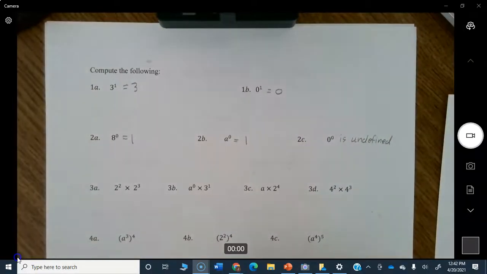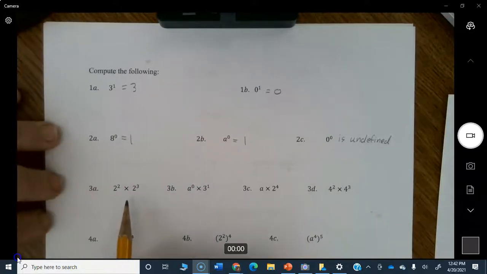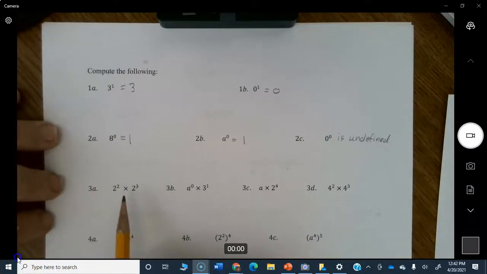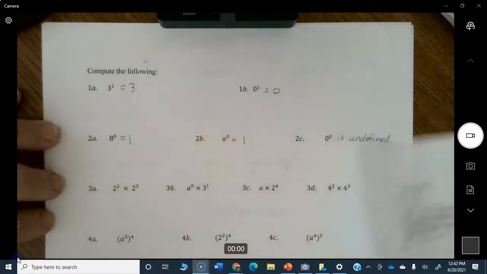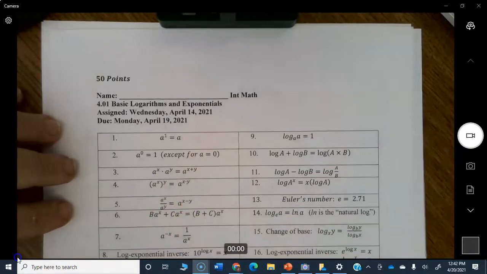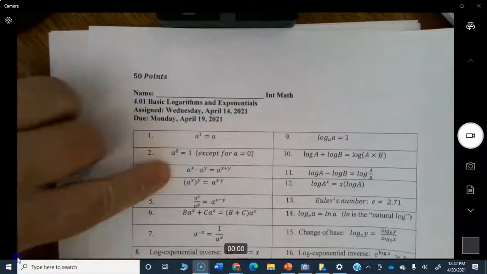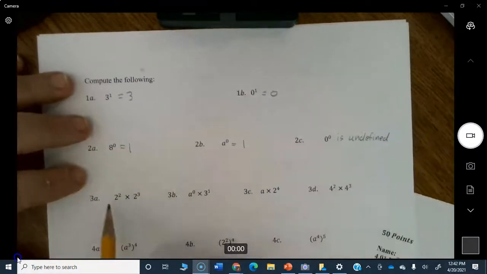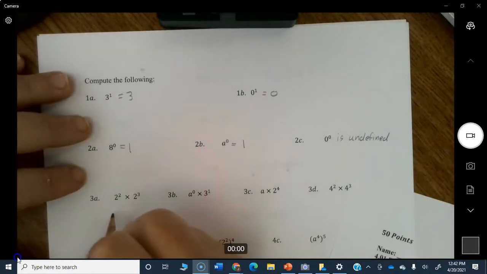All right. What I want you to do here is go ahead and verify that this is equal to 2. So a to the x times a to the y equals a to the x plus y. That's the form of this. 2 to the second times 2 to the third will equal 2 to the 2 plus 3.